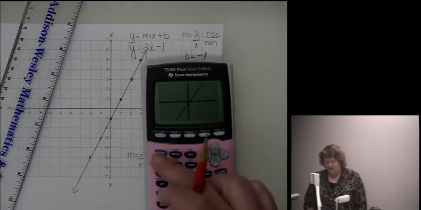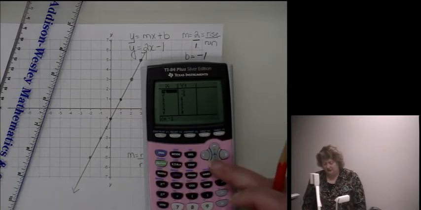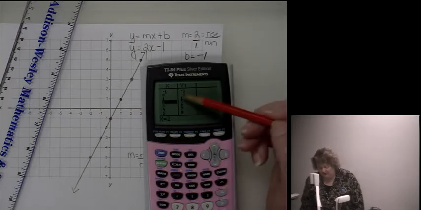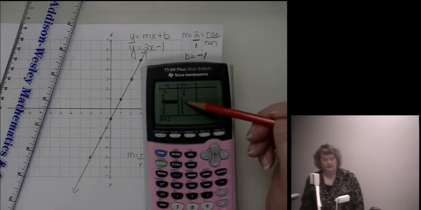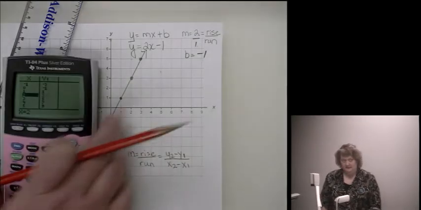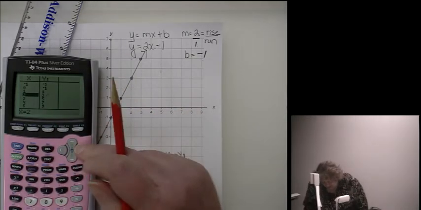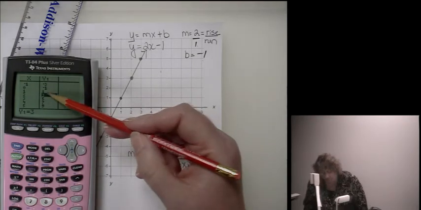So what really is going to help us check is to be able to graph some specific points. I'm just going to choose a point at random. I'm going to choose the point 2, 3. Slide that there, and I'm going to graph the point 2, 3.